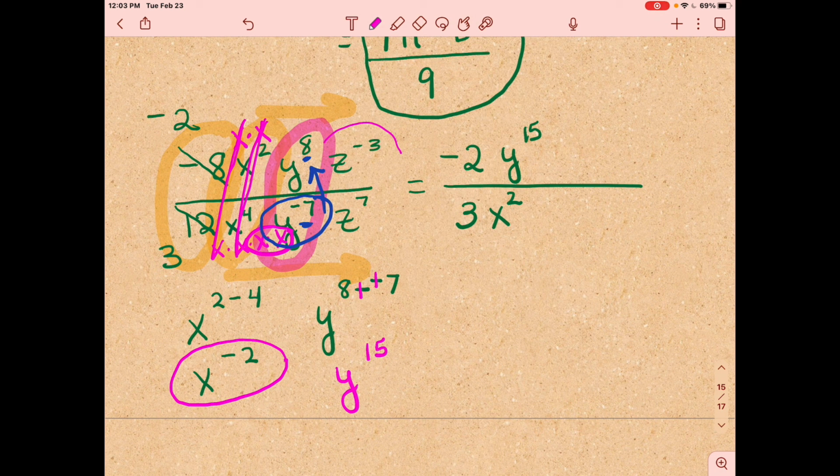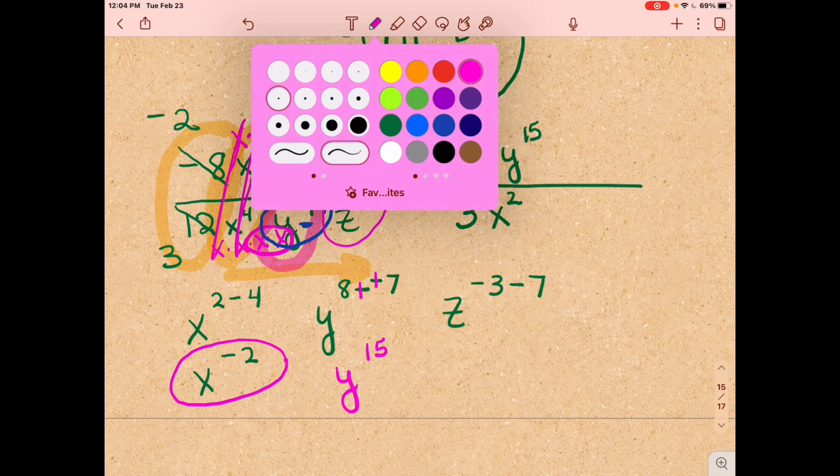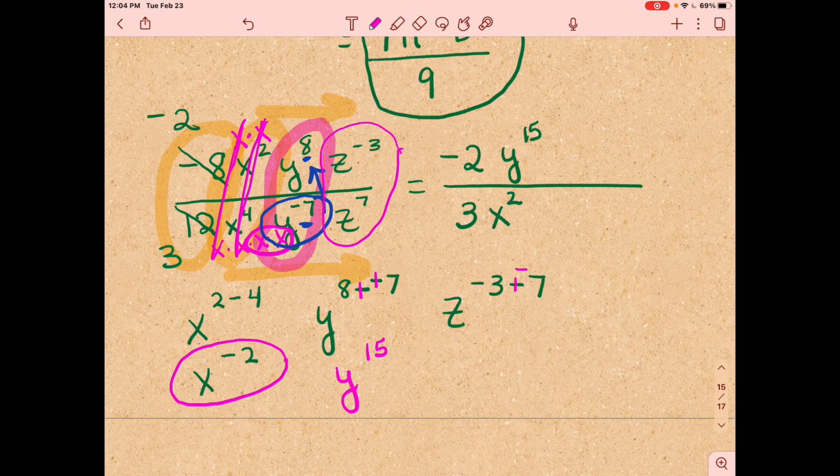Okay, let's deal with the z's here. I have z to the negative 3. I'm going to do the rule here for you. Z to the negative 3 minus 7. All right. Add the opposite, and you will get z to the negative 10.